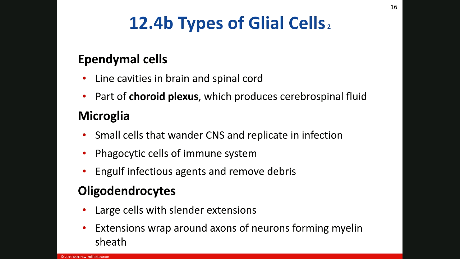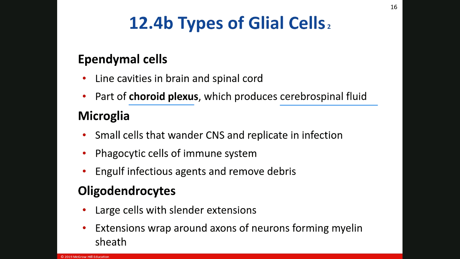So ependymal cells are going to make the cerebral spinal fluid. They're part of this structure here called the choroid plexus. The choroid plexus is essentially a filtering mechanism that we find around some of the capillaries up in our skulls, and it filters out some of your blood plasma, because cerebral spinal fluid has a very similar composition to that of your blood plasma.